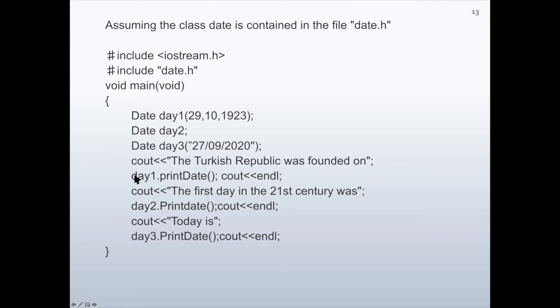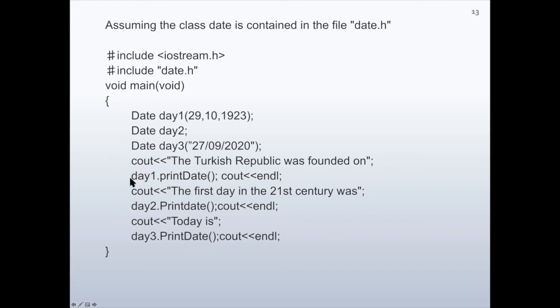Then come some cout statements. Cout, the Turkish Republic was founded on. Then there is a print date for day1. And then there is endl. Here notice that for the cout statement, first there is a string here, and after that there is a semicolon. This is a separator between the statements.